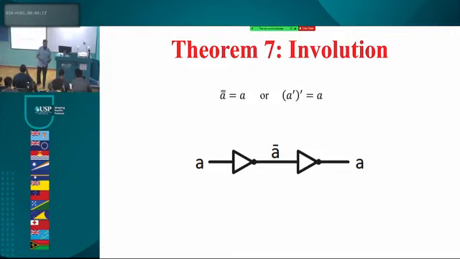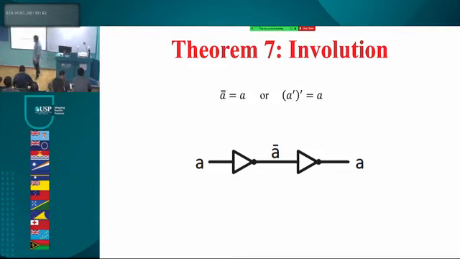A double bar is the same as A. Okay, let's try it out now. Let's try 0 over here. 0 through an inverter becomes what? 0 bar is equal to 1. 1 through the inverter again will become 1 bar, which is 0. So don't you end up with the same thing again? Right? 1 bar is 0. 0 bar will be 1. So input is equal to output.